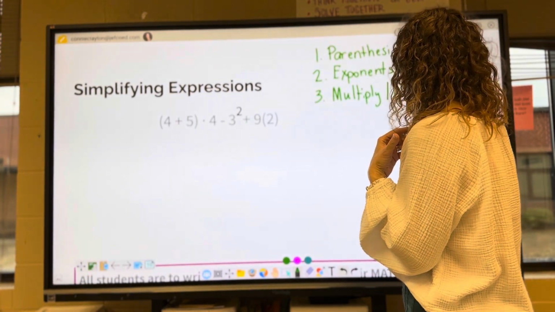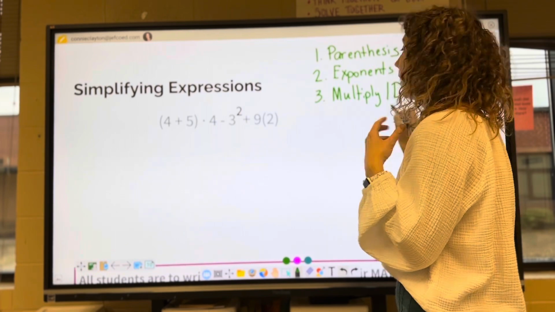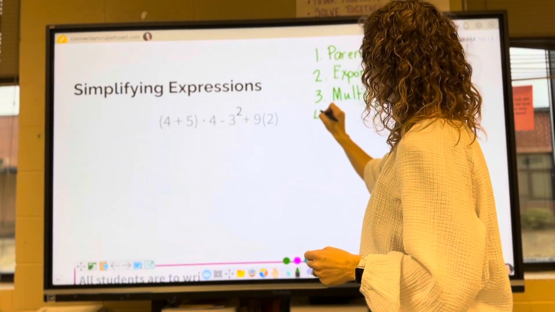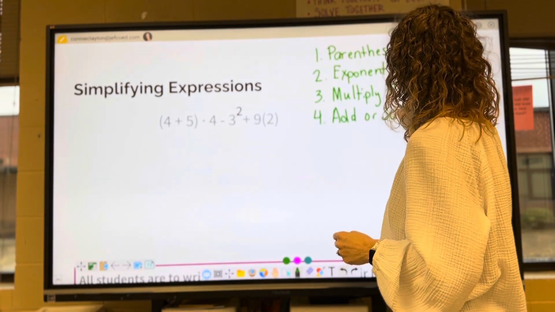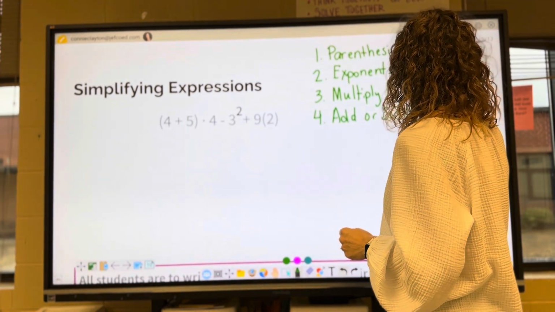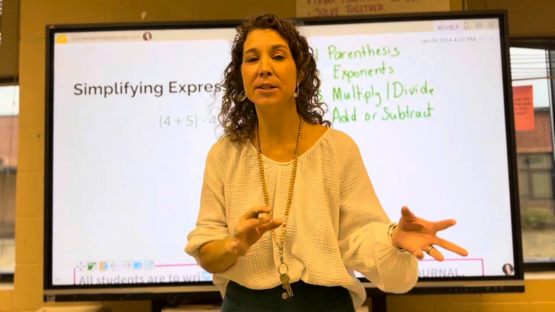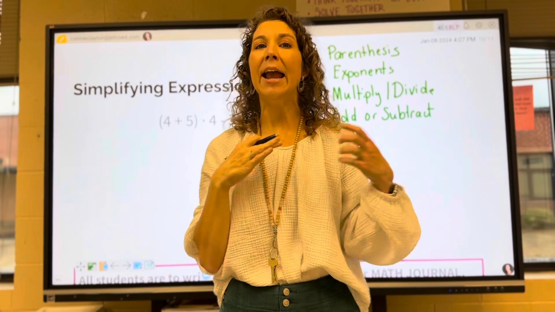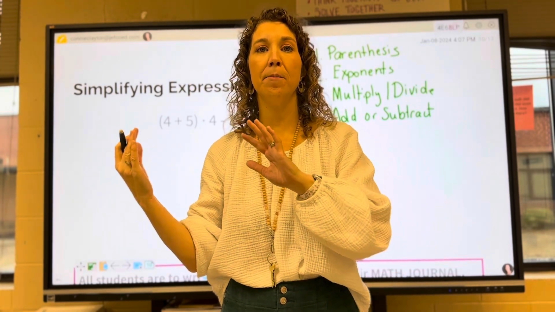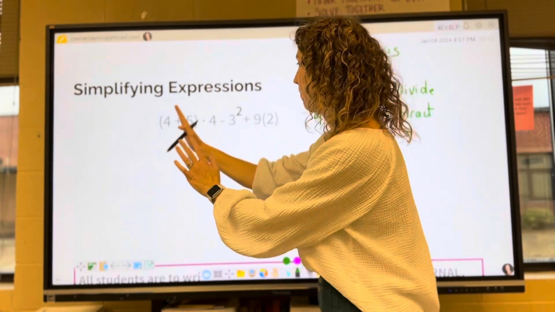And then the 4th step is add or subtract. That doesn't mean we're going to add before we subtract. It means we could add or subtract, and anytime you have both, you're going to move from left to right.